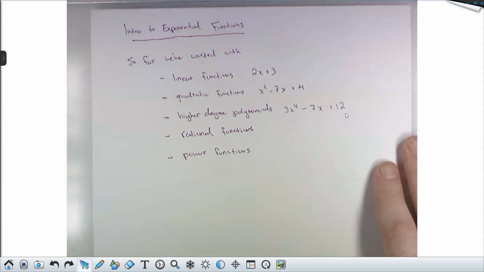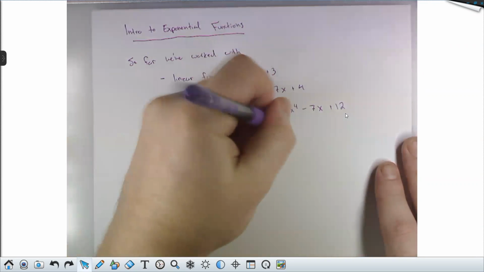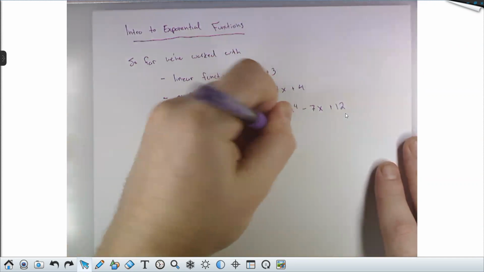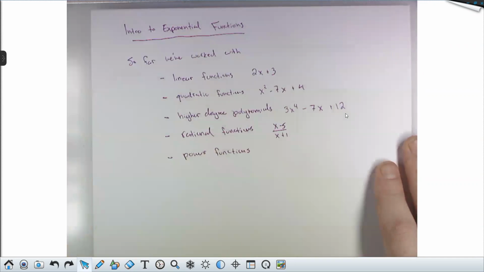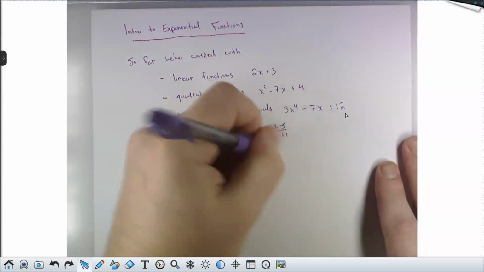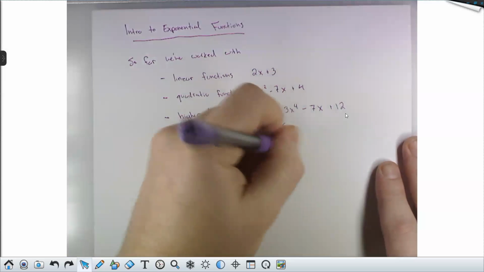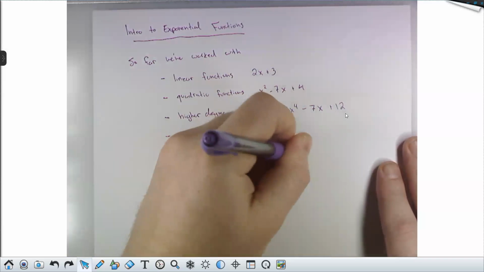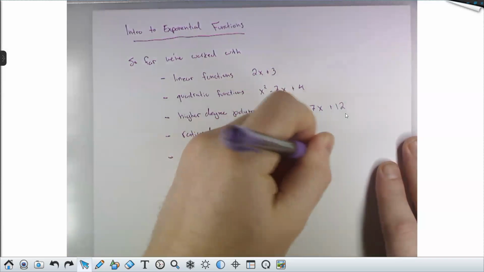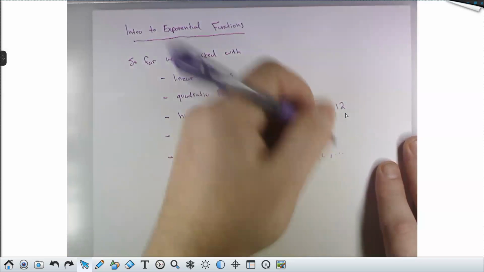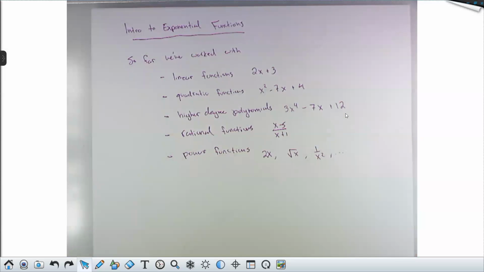Rational functions were things like x minus 5 over x plus 1. And power functions could be all sorts of weird things, like x or 2x or the square root of x or 1 over x squared. Things where you really just have a constant times some power of x.